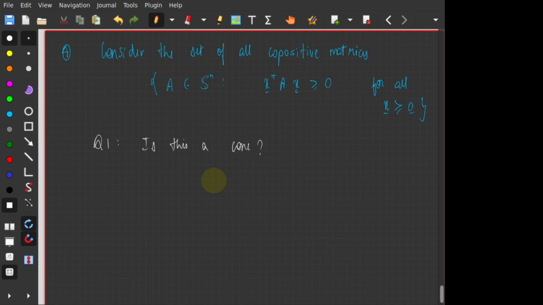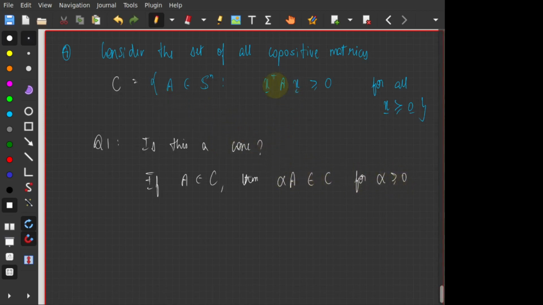Is this a cone? Should be simple, because if you take some alpha times, let me call this C. If A is in C, then alpha A is also in C. Right?